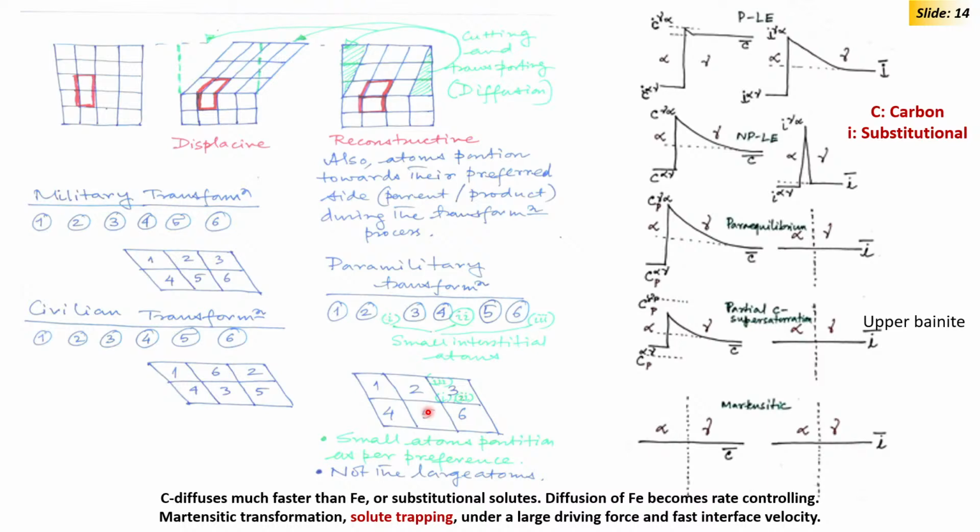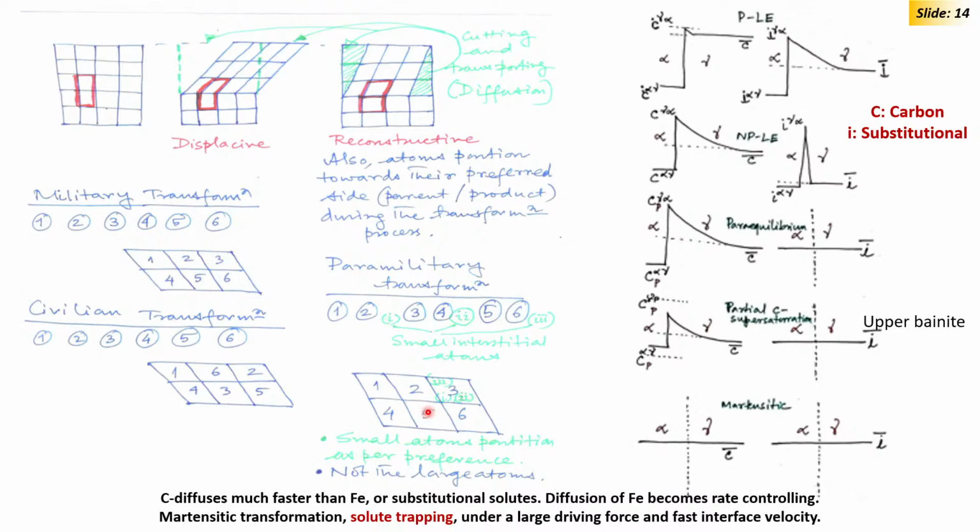If you know this transformation, it requires displacive transformation and, at the same time, carbon diffusion. In the theory of bainite transformation, displacive growth happens first, then carbon gets released, and then again displacive growth happens. But in Widmanstätten ferrite, both things happen at a time.